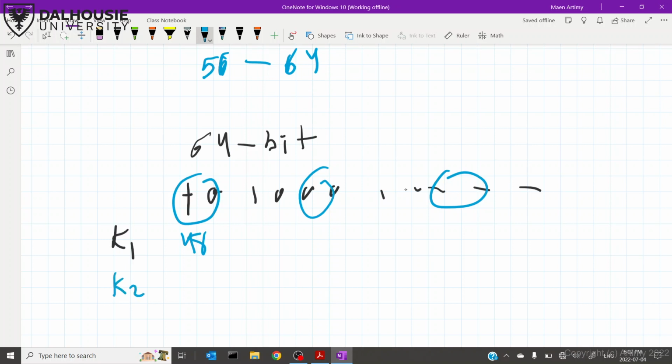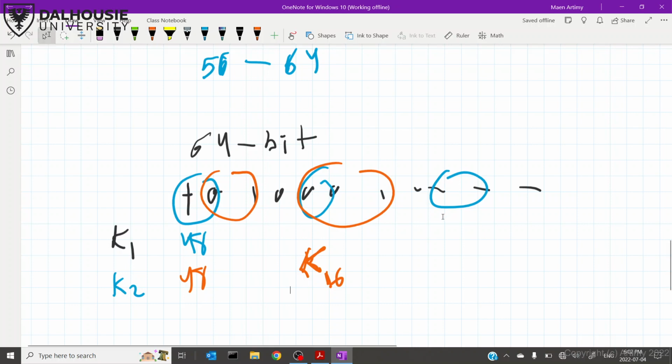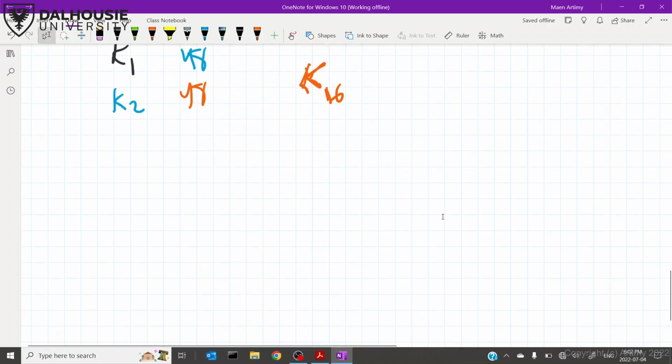The second key could be based on these two, then skip one, and then these three, and then skip one. So we generate another 48 bits. So we can generate 16 sub-keys from the original main key by just taking subsets. All right, so that's how we generate the sub-keys.